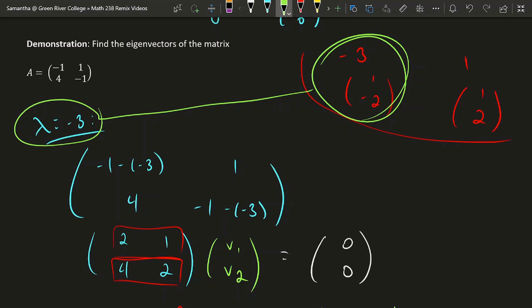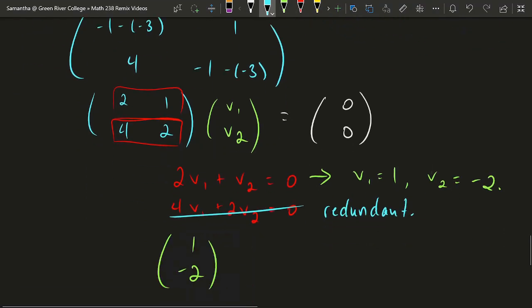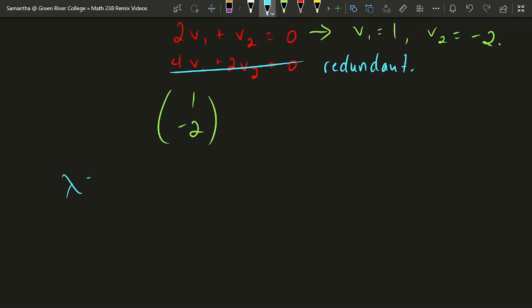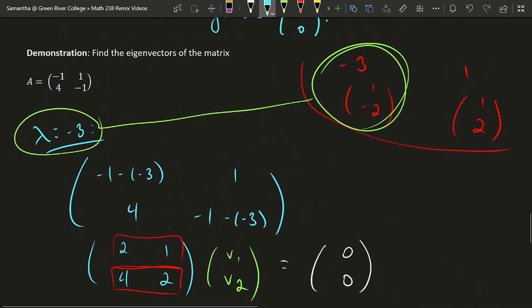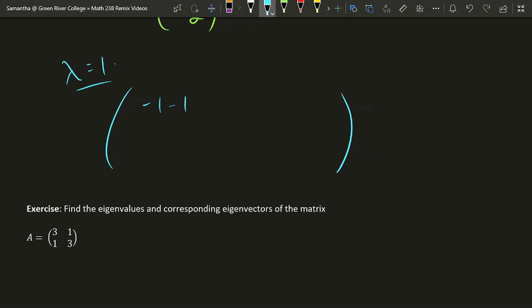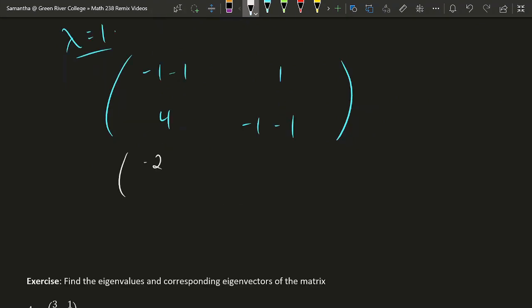Let's try the same thing with the other eigenvalue, lambda equals 1. I'm going to go into the matrix A, and I'm going to subtract 1 from the entries on the diagonal. So -1 minus 1. Now simplifying gives -2, 1, and 4, -2.